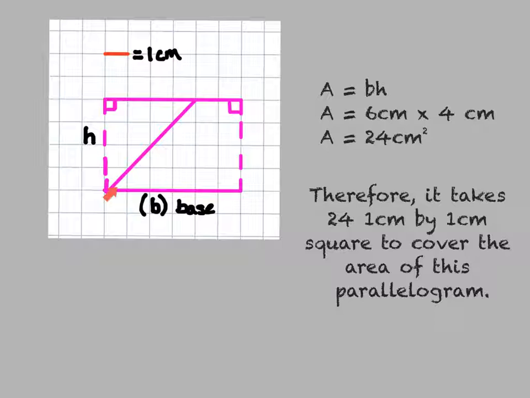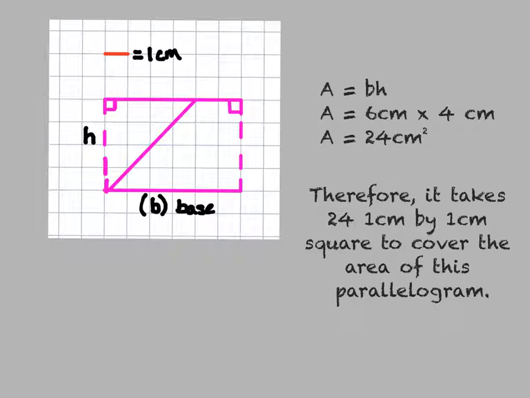We have 1, 2, 3, 4, 5, 6. So we can put 6 centimeters in for our base, and our height is 1, 2, 3, 4. So 4 centimeters. Now we can multiply them. 6 times 4 is 24.